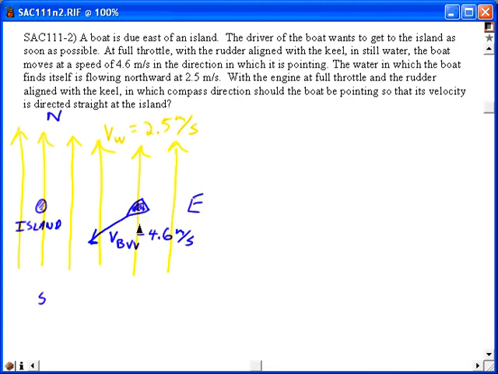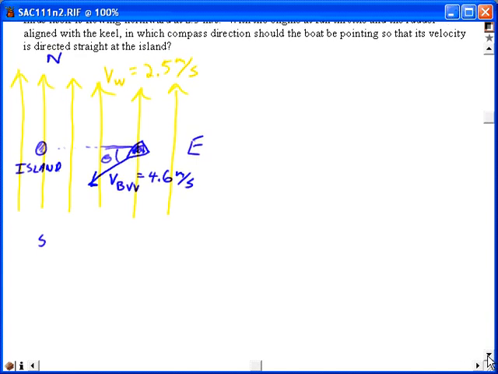Alright, then the water will carry the boat northward, and if the driver picks the exact right angle in which to head, call that theta, where that line is due west, with the right angle theta, the boat will go straight toward the island.